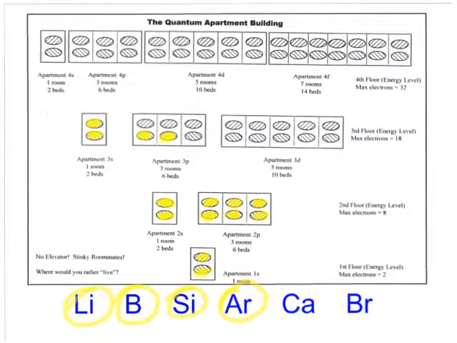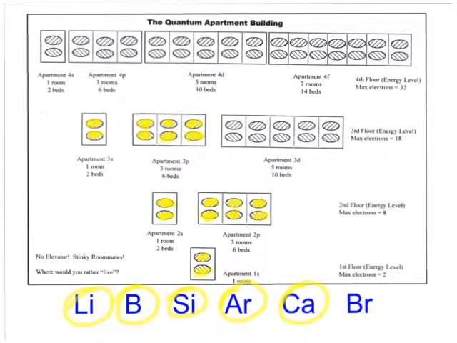Let's do argon. Argon has 18 electrons. So we need to put 1 more in that third 3p orbital and then go back and double up. Let's see, and that's 18. So that is the electron placement for argon.